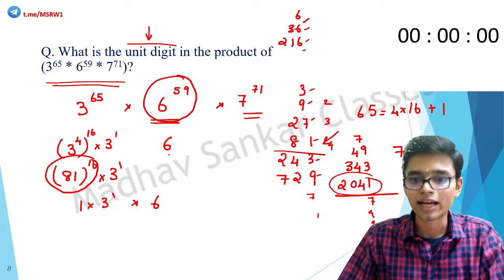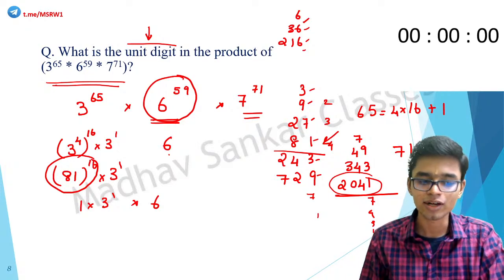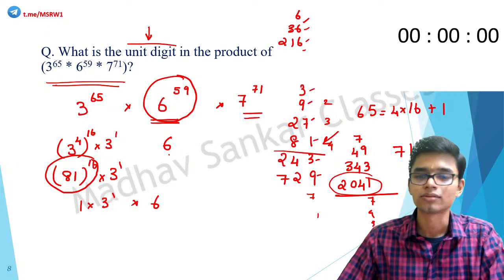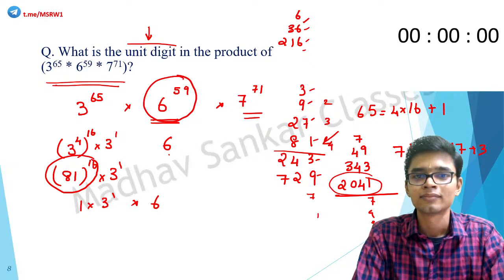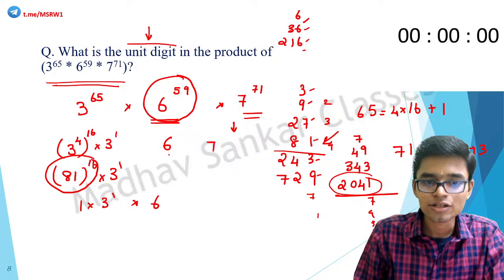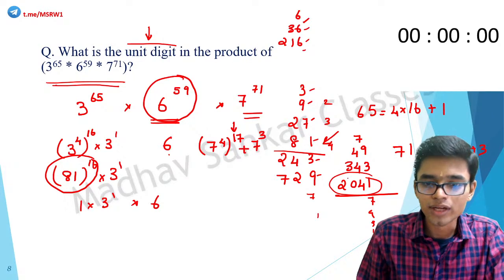So 71 can be written as, how can we split 71? 4 into what? How many times will it go? 4 into 17, I think, plus 3. So we can write 7 raised to 71 as 7 to the power of 4, the whole raised to 17, into 7 raised to 3. 7 to the power 4 is 2041.